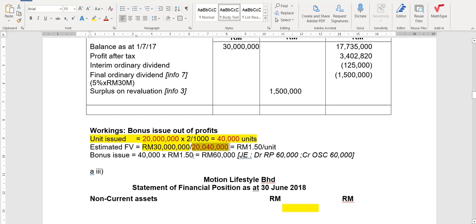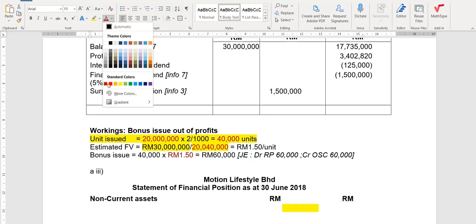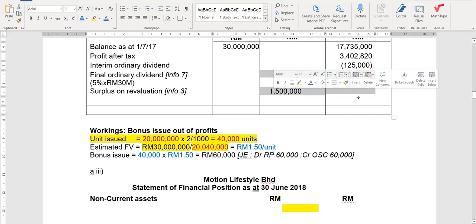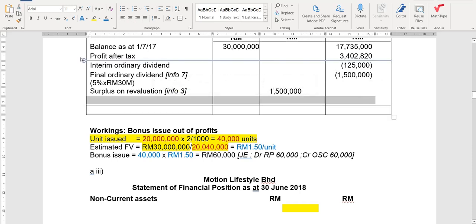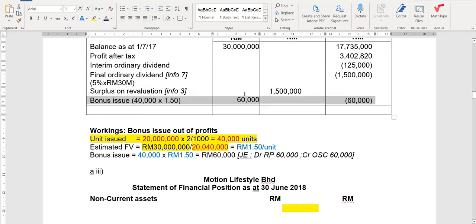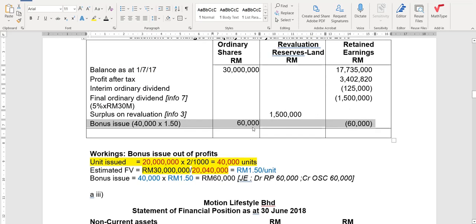So you will take that 1 ringgit and 50 cent per unit. Yeah, this one. And that will be multiplied with 40,000 units of bonus shares, and that will give you 60,000. The journal entry will be debit retained profit 60,000, credit ordinary shares 60,000, and that will be here. Okay, one is being deducted, another one will increase.